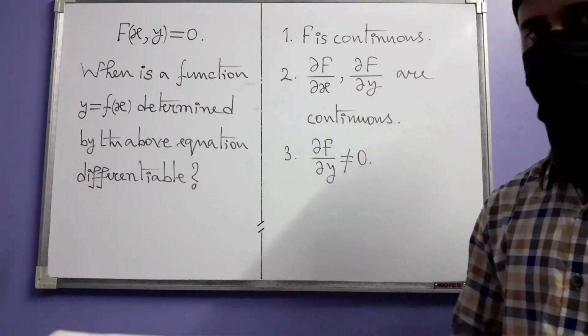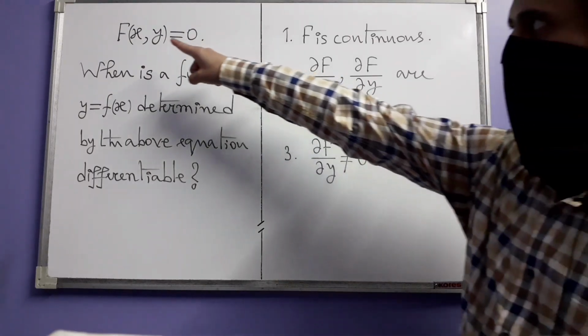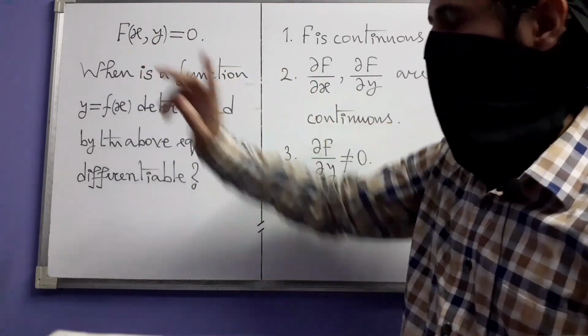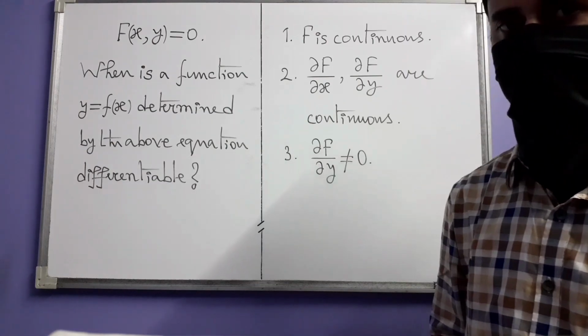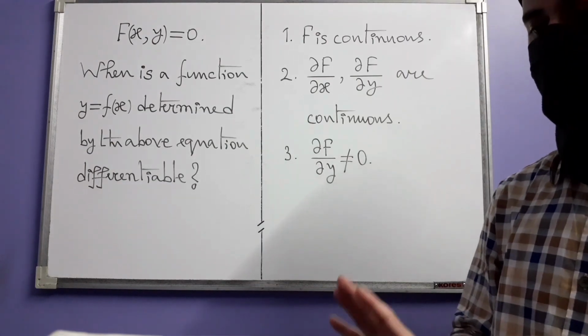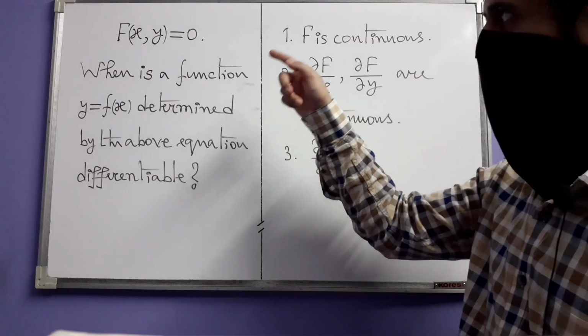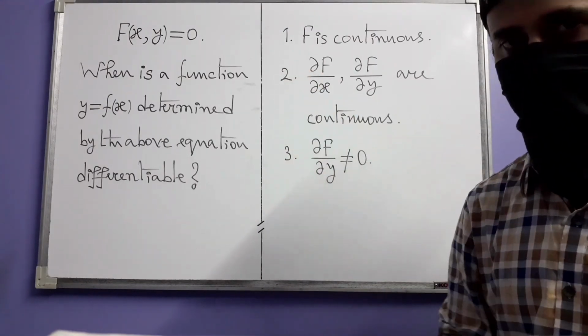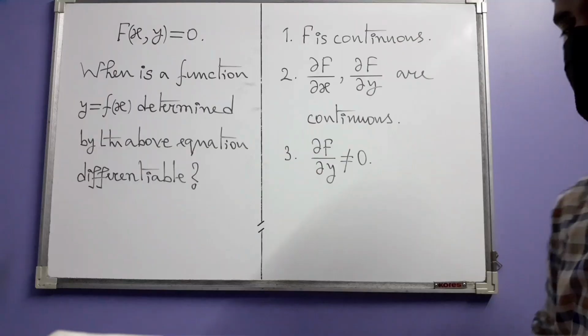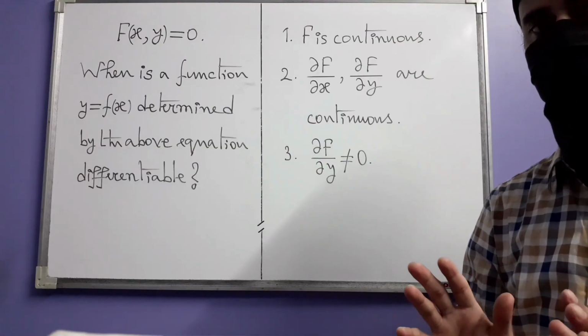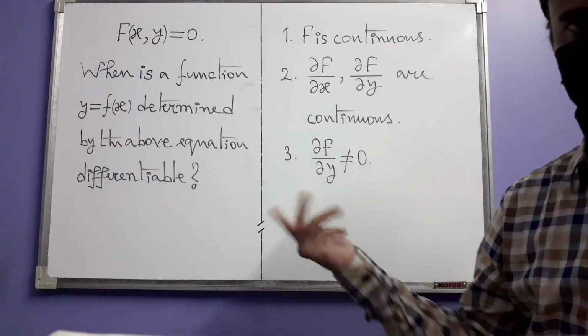These are the conditions. That function capital F, which is a function of two real variables. So far we have been considering only functions of one variable which are real valued. This is a real valued function of two real variables. It should be continuous. We don't yet know what this even means, but let's see the other conditions.